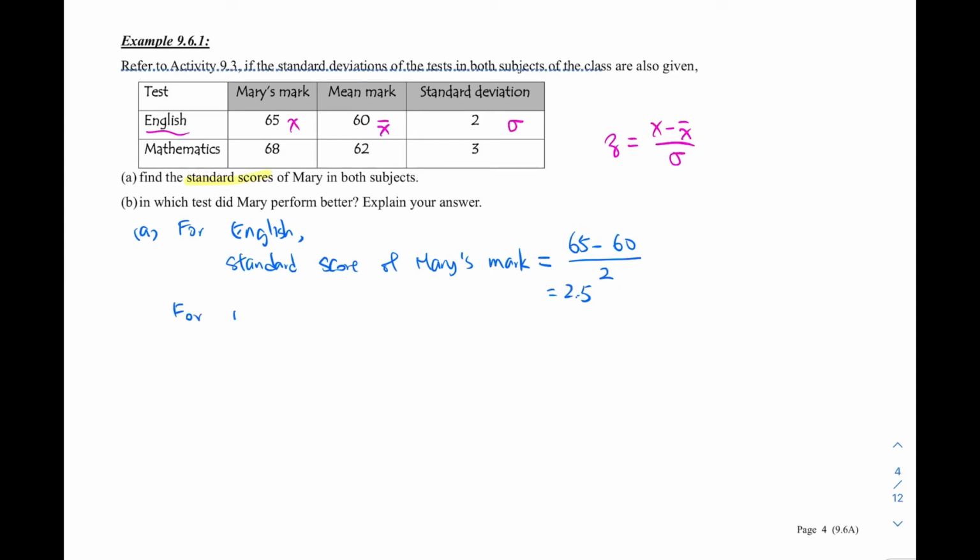And similarly, for mathematics, Mary's standard score, you just use the set of values from mathematics. For mathematics, this is x, this is the mean, this is the SD. So 68 minus 62 divided by 3, and then you got 2. So these two are what's required in the question.